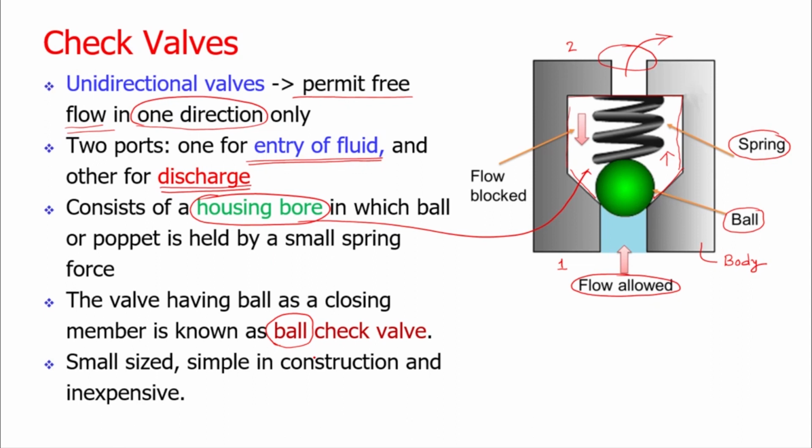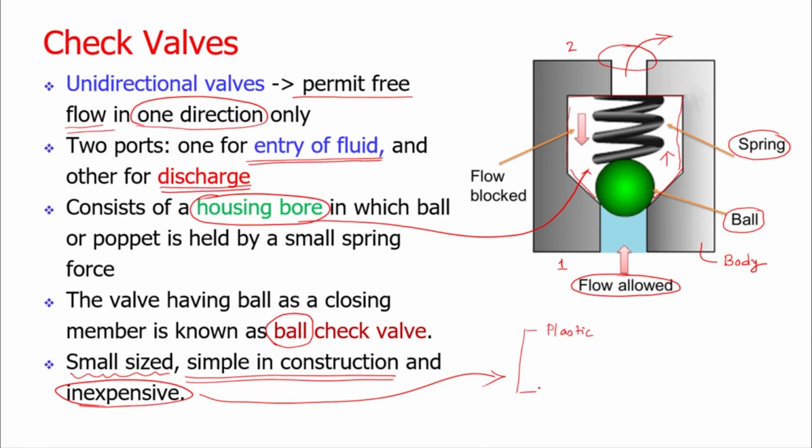These kinds of valves are small in size, simple in construction, and inexpensive. So for domestic purposes, we employ such valves to control the flow of water for our domestic applications. These valves are generally made up of plastic or metal.